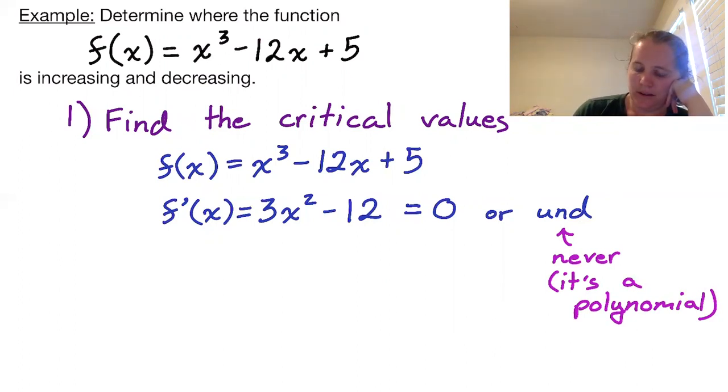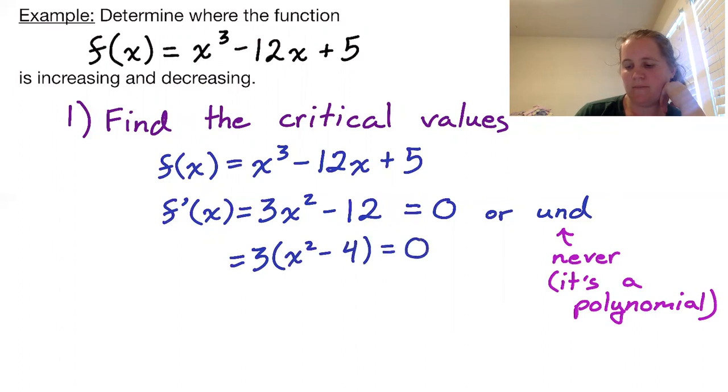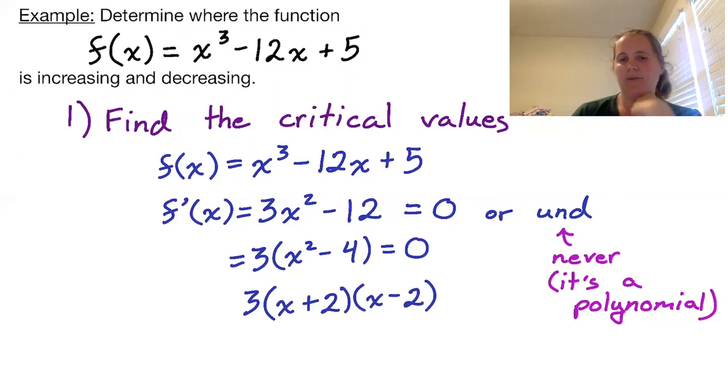So this 3x squared minus 12, we can factor out a 3. We're left with x squared minus 4 on the inside. And then x squared minus 4 is x plus 2 times x minus 2. So we have 3 times x plus 2 times x minus 2 is equal to 0.